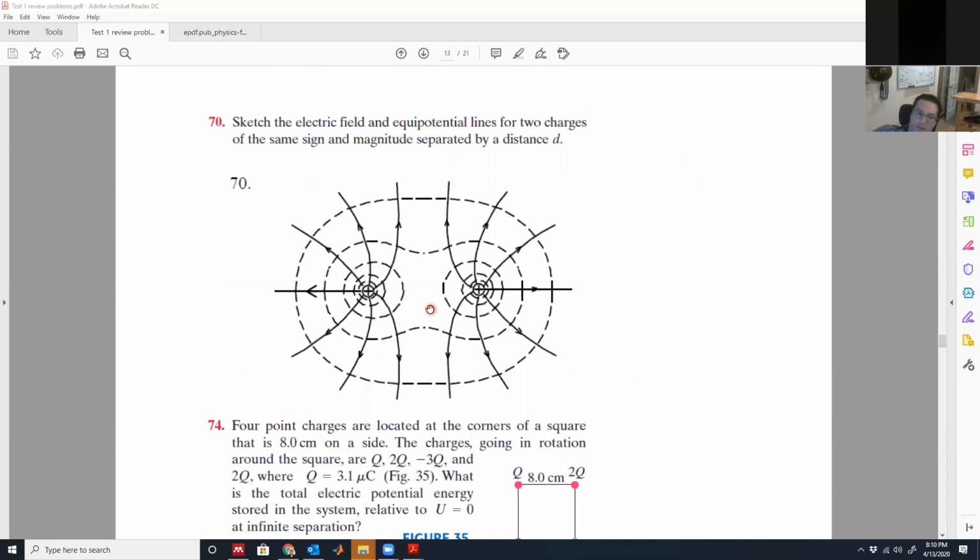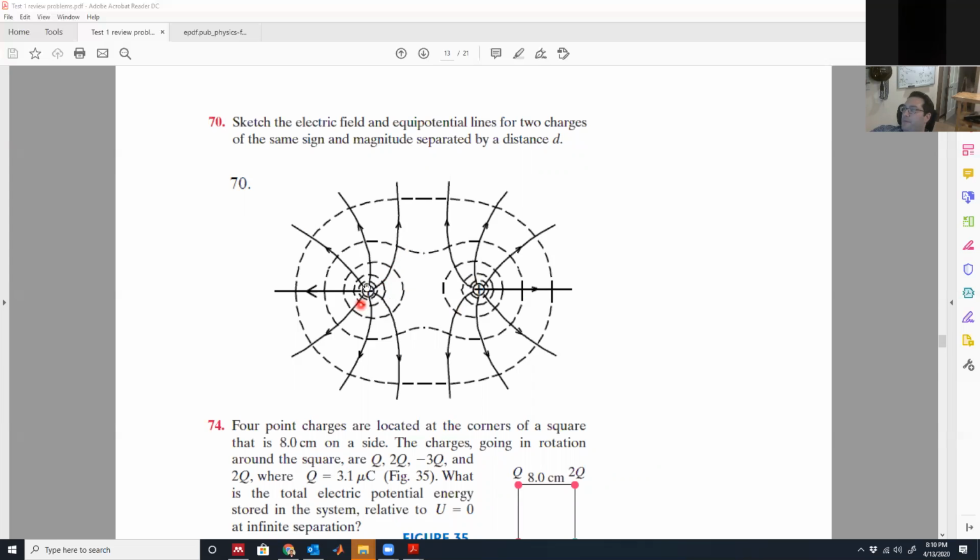So electric field lines. Why don't we? Okay. So for electric field lines, to draw them, we follow several rules, right? The field lines represent the direction that a positive charge would move in if we just put it on a piece of paper with these two charges, right?